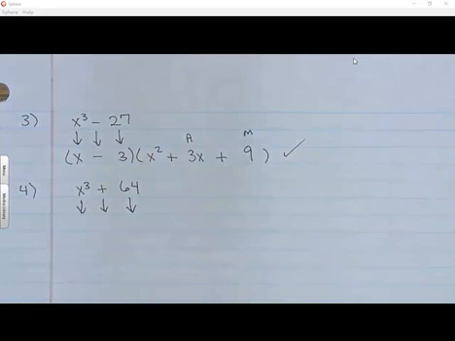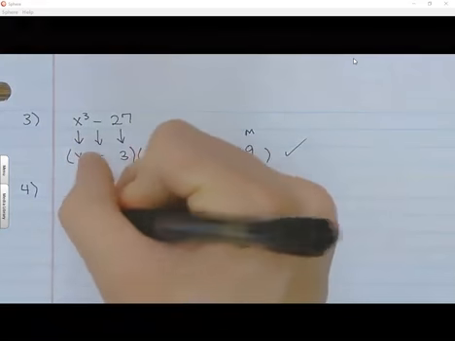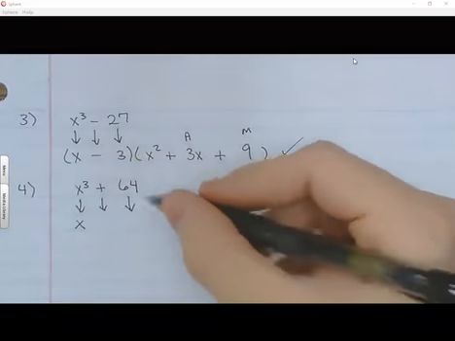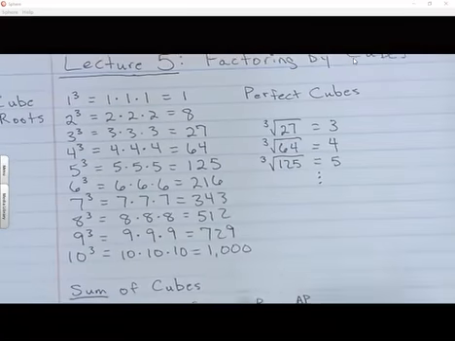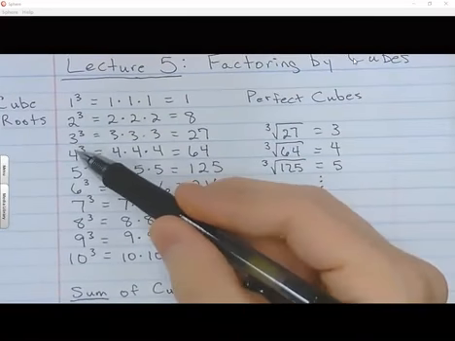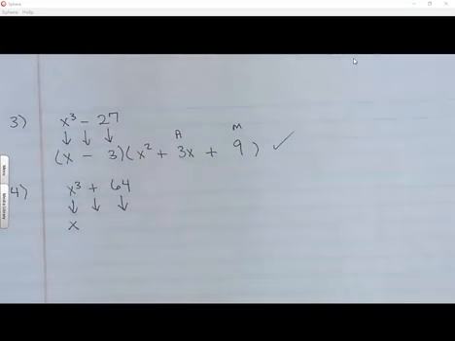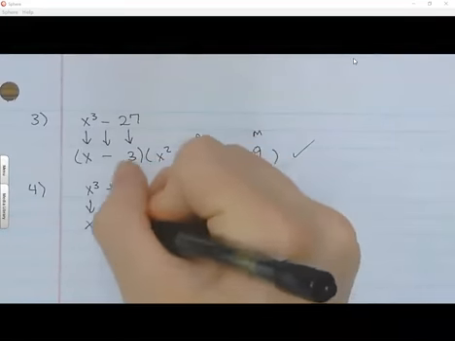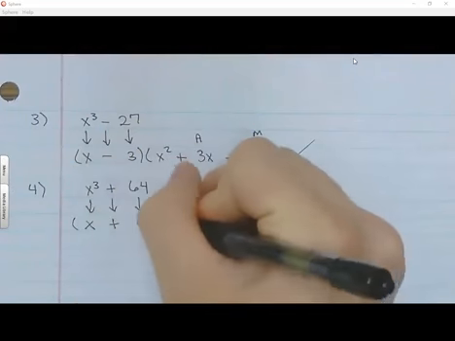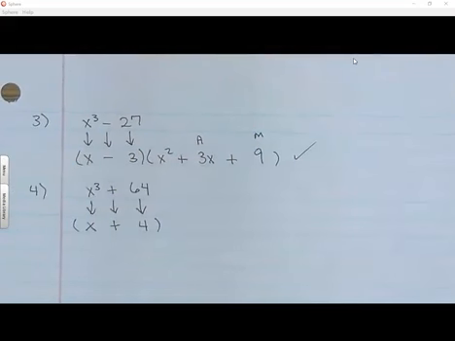Okay, so we have to find cube roots. So what's the cube root of x cubed? That would just be x, right? The cube root of 64. If you remember from our list up here, the 64 is going to give us a 4. So I'm going to choose 4 to be the cube root. And then I bring down the same sign. Okay, so the short factor is x plus 4.